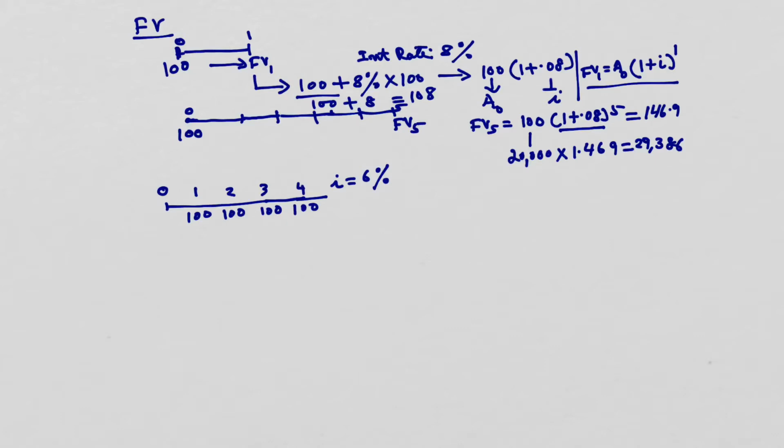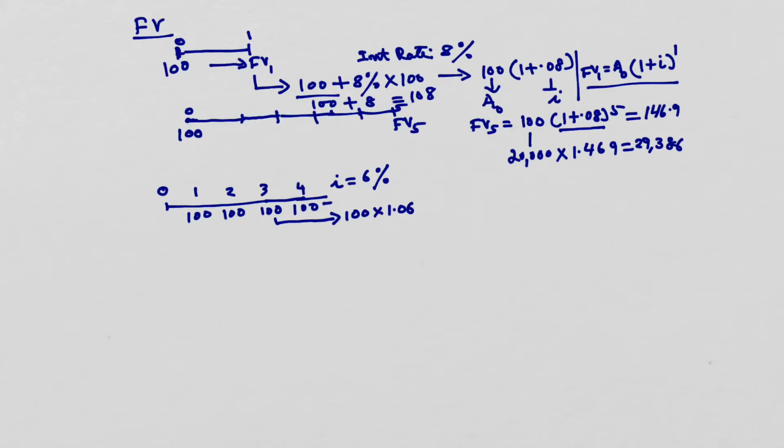At the end of the 4th year, this last 100 will remain 100. But this amount from year 3 will grow for 1 year, so it's 100 into 1.06 raised to 1.